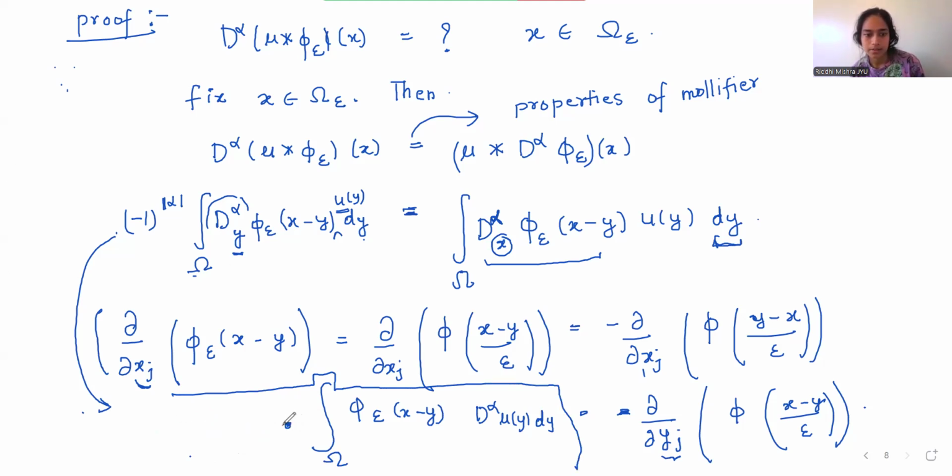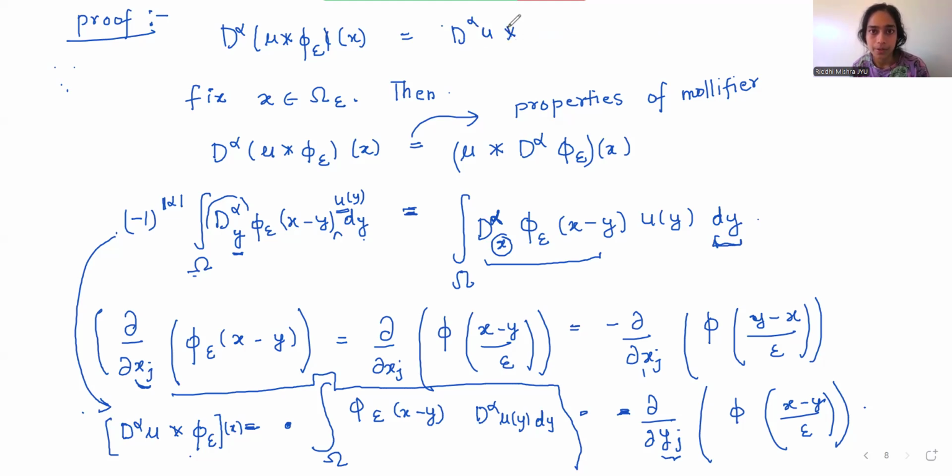And this is the same as D alpha of u convolve phi epsilon at x. So this means that we have transferred the derivative to the first component by using integration by parts.